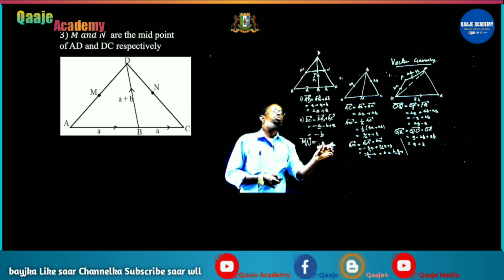So MN first of all is equal to MA plus AC plus CN.